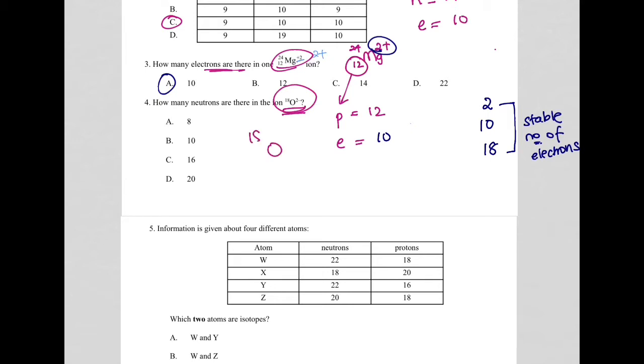Oxygen has proton number 8 and charge 2 minus. So proton is 8, neutron, 18 minus 8, and electrons, there is 2 minus, so it has gained 2 electrons, so 10 electrons. So how many neutrons are there? 10.